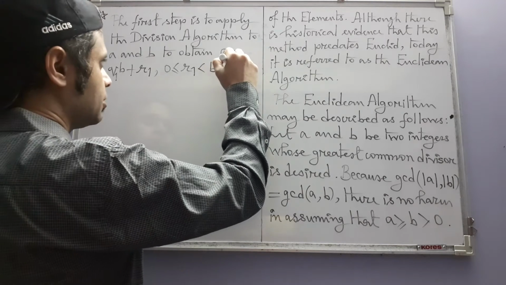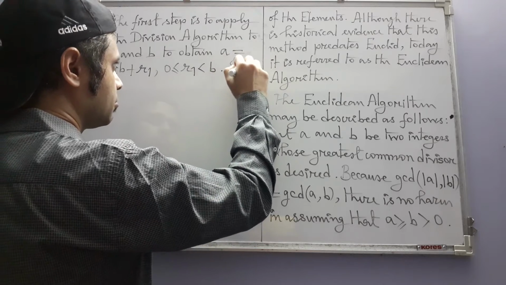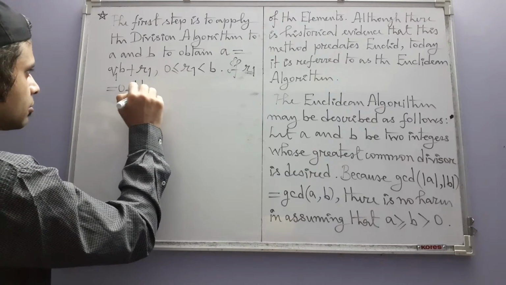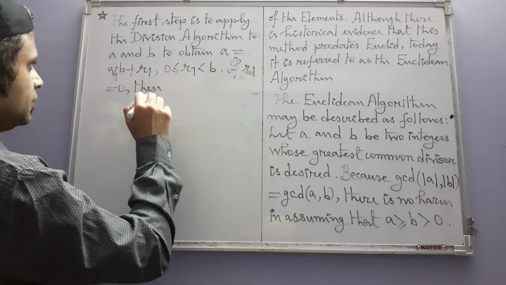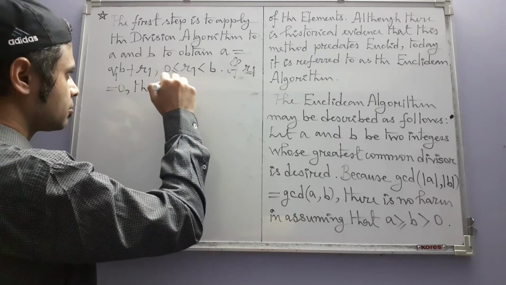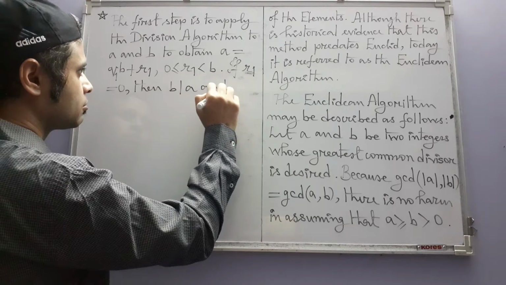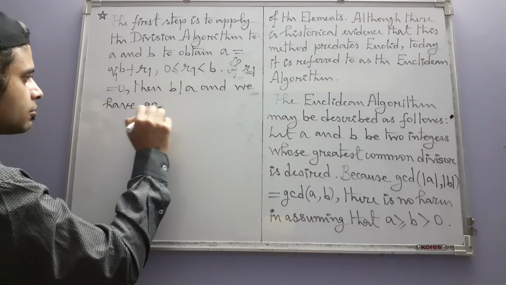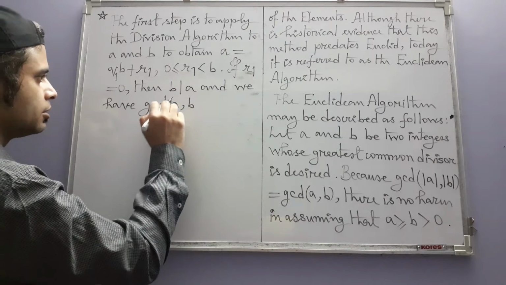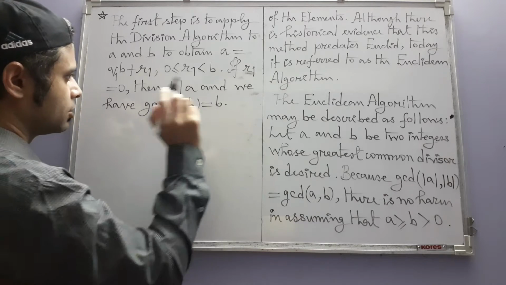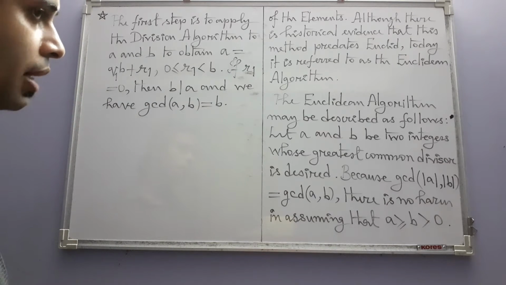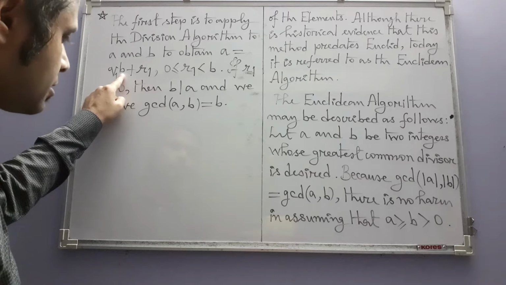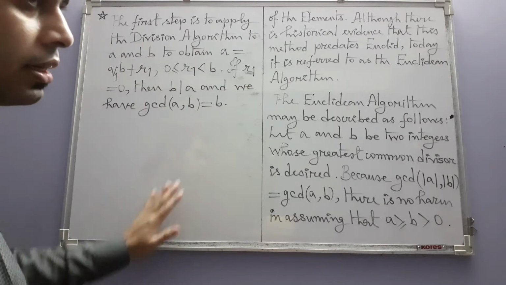If r1 is equal to 0, that is one case, then B divides A, and we have GCD of A and B equal to B. Now if r1 is not 0, then next we divide the previous divisor B by the remainder r1.